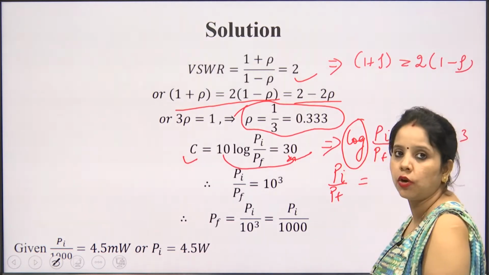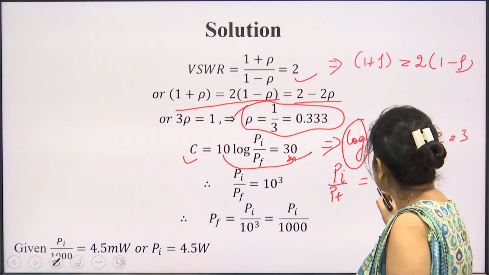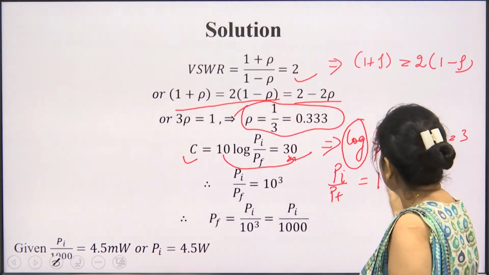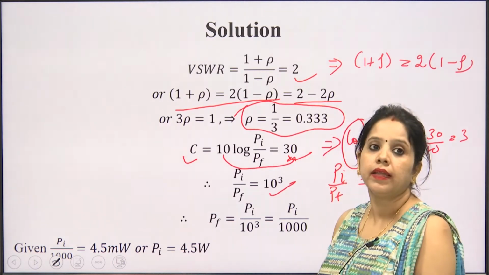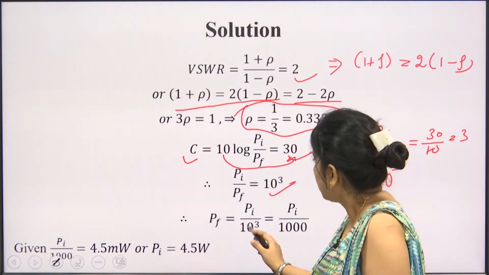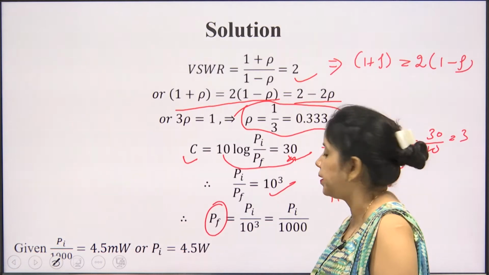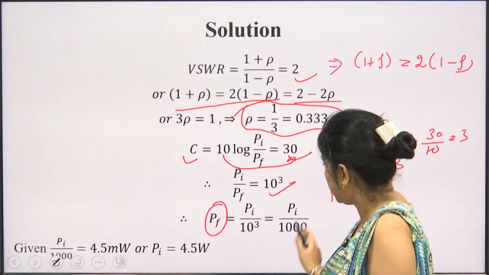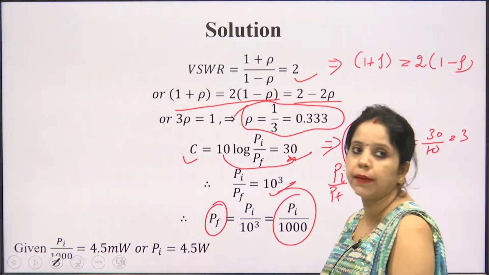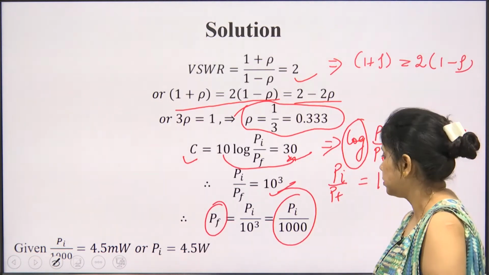Whenever we write log, it means base 10. So, we have Pi upon Pf equal to 10 to the power 3. Now we have to calculate Pf. Pf is equal to Pi upon 10 to the power of 3, so here we get Pi upon 1000.